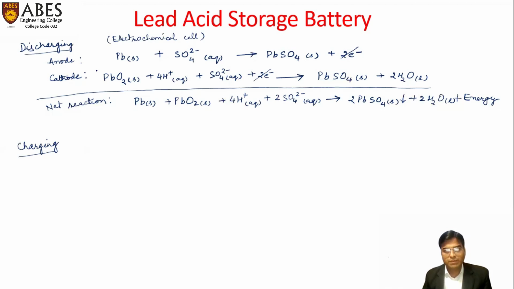It means it will begin to behave like electrolytic cell, and because now it is behaving as electrolytic cell, the anode will work as cathode and cathode will work as anode, and the reactions will be reversed, means the products are converting back to the reactants. So reactions are shown as, now this becomes as cathode and the reaction gets reversed.